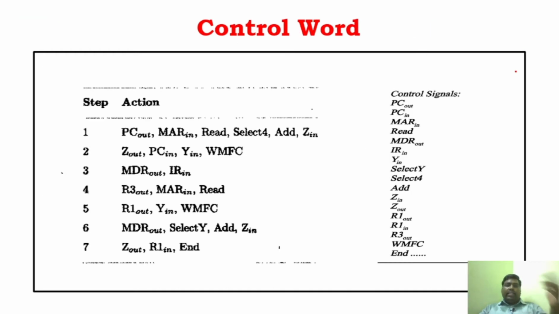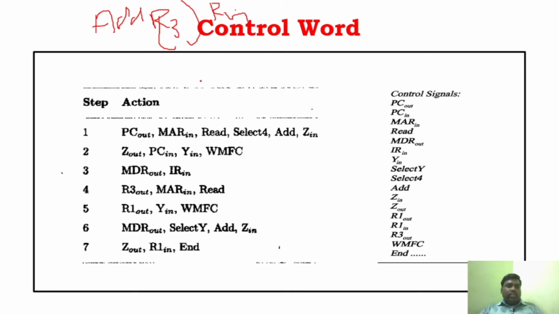Before that, you can see that I'm taking the same example which we saw for the hardwired control. We have already seen how this particular instruction is executed in the previous video, so please go and watch it. This instruction is the addition of the content of R3 and R1, and saving it in R1.